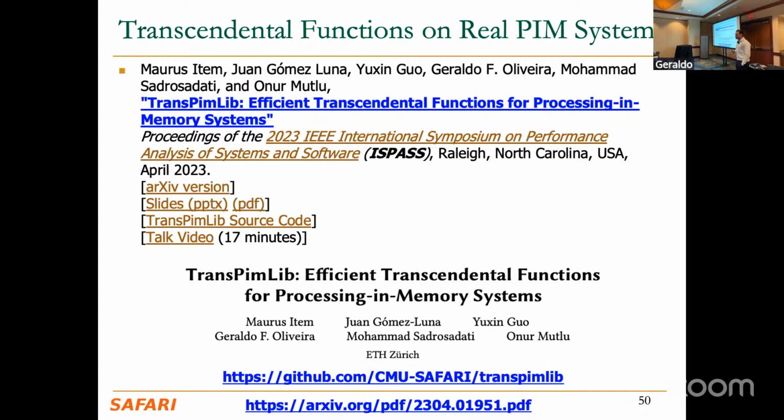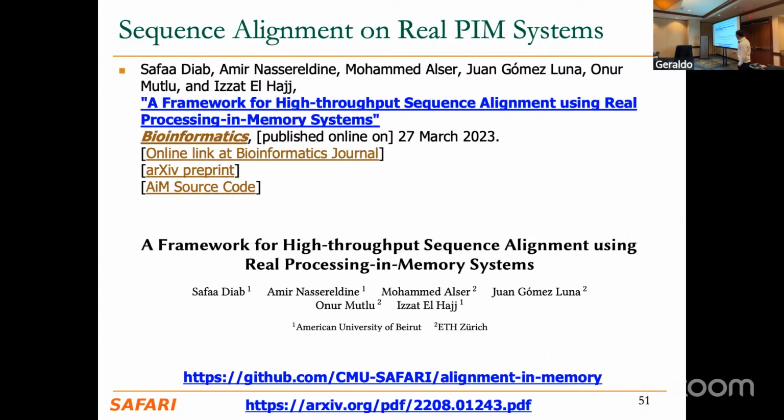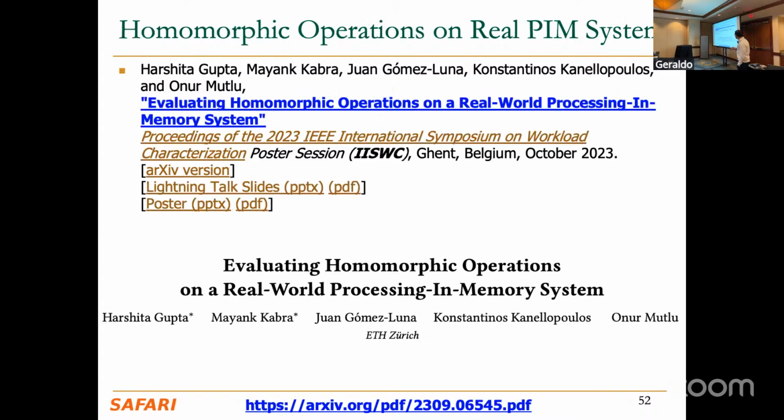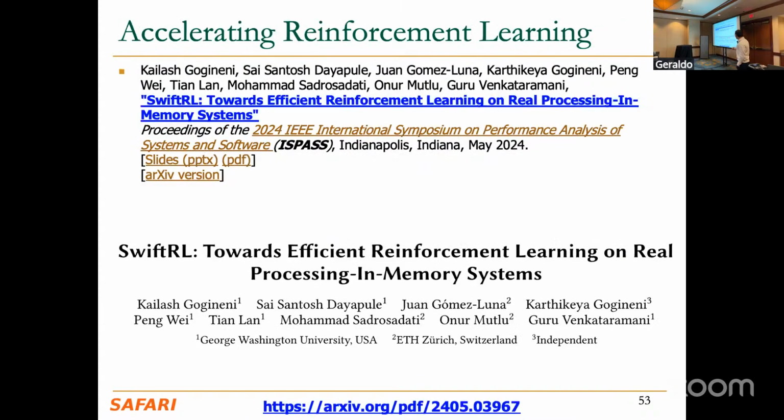So if you want to do something like sine or cosine, you have to simulate that in software. We have some libraries that do that emulation and also propose some optimizations on top of that so that we can accelerate those workloads. We have other workloads too: sequence alignment, homomorphic encryption, reinforcement learning.